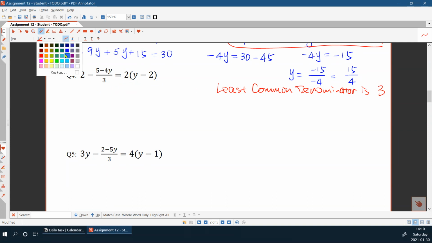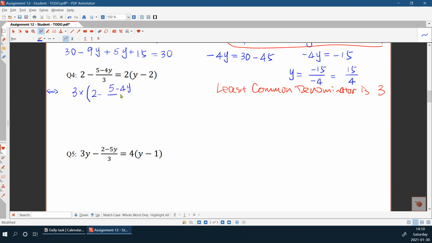So we can multiply both sides of the equation with a 3, which can keep the equation equivalent, right? Okay. Well, the original equation is equivalent to 3 times the left-hand side and 3 times the right-hand side.